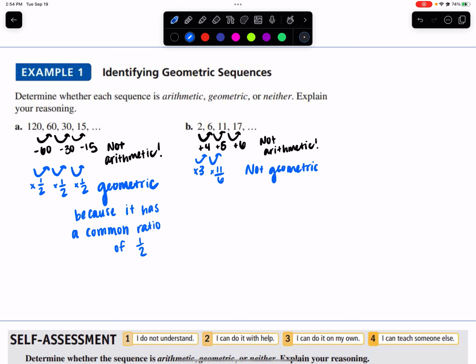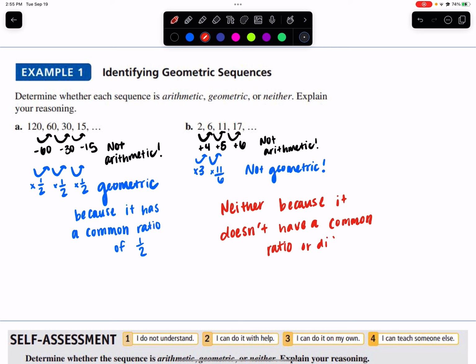So this is neither, because it doesn't have a common ratio or a common difference. So it's still a sequence, it's just not arithmetic or geometric.